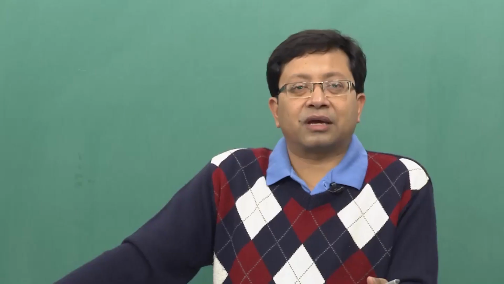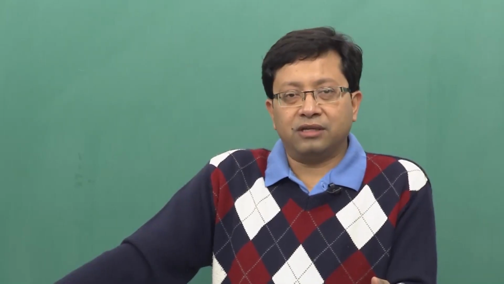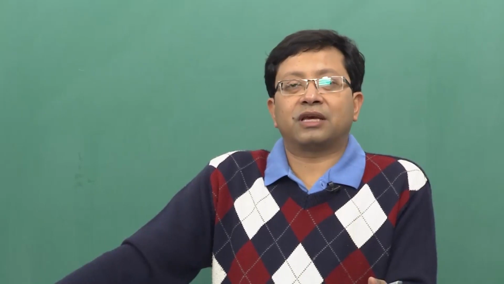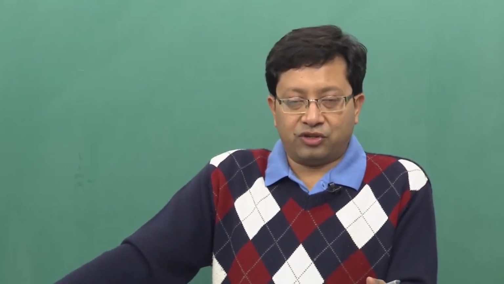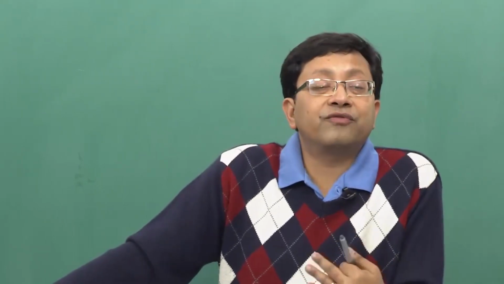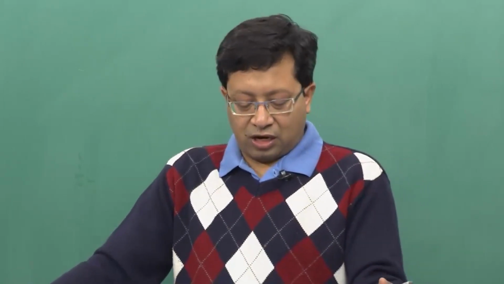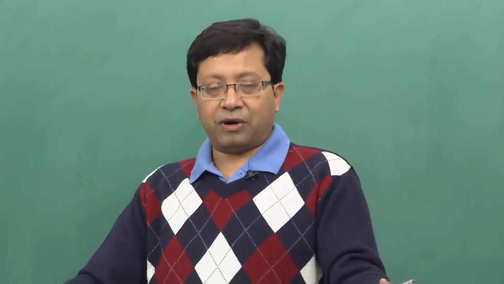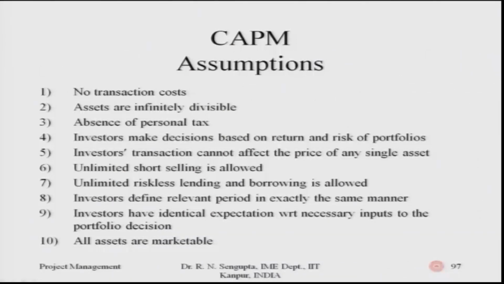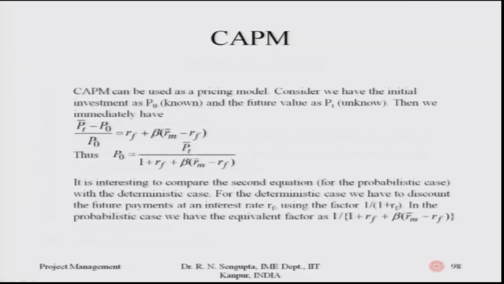This is the first time I am using the concept of utility. That concept of utility would be the same for each and every individual. So the overall functional form of the utility function would be the same, but the parameters may be different. And all the assets or all the projects are marketable, such that you can buy and sell, meaning invest and come out of the project, depending on how the market is doing.